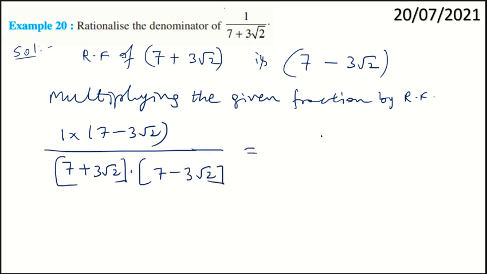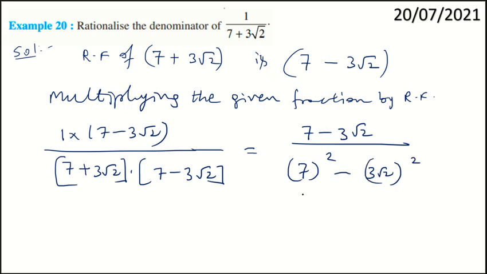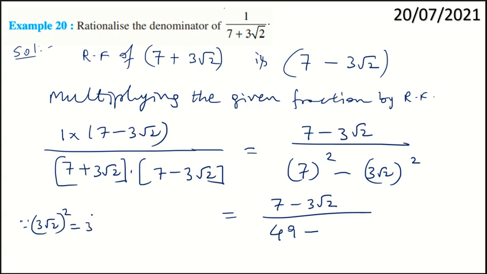So 1 into 7 minus 3 root 2 gives the same, 7 minus 3 root 2, upon a plus b into a minus b, which is a square minus 3 root 2 whole square. So 7 minus 3 root 2 upon 7 square, which is 49, minus what is this, 3 root 2 square? 3 root 2 square can be written as 3 square into root 2 square. 3 square gives 9, root 2 square gives 2.